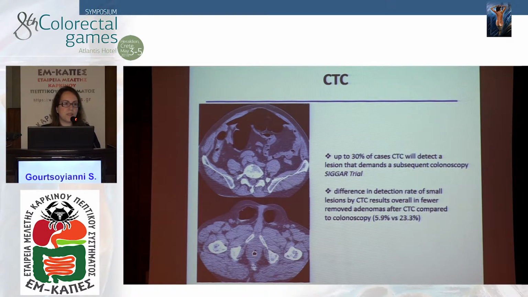Now, according to the SIGGAR trial, which is a multi-center trial that was performed in the UK, and the results were published recently, in up to 30% of the patients who have CT colonography, there will be a significant lesion that will demand a subsequent colonoscopy.